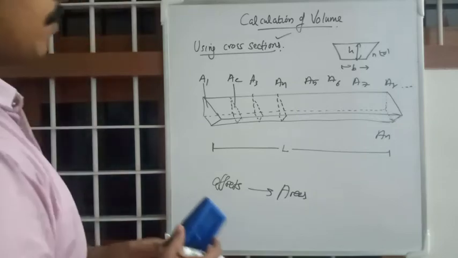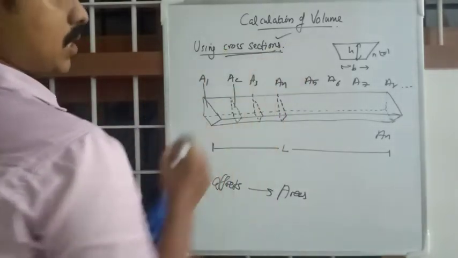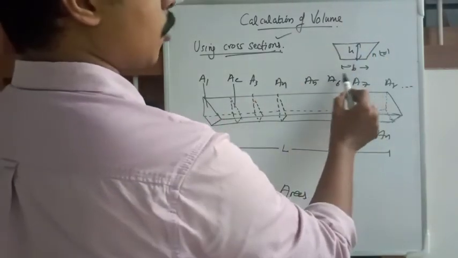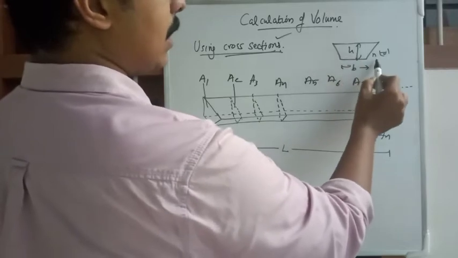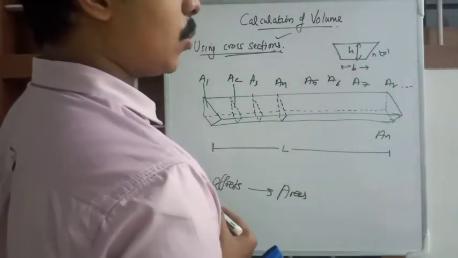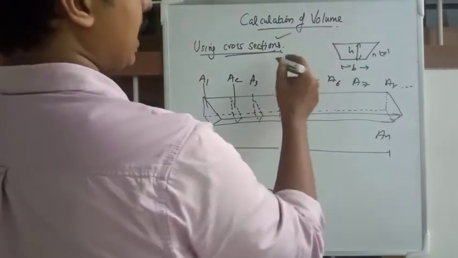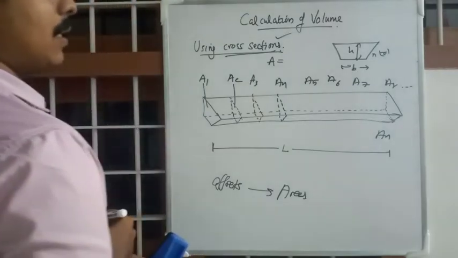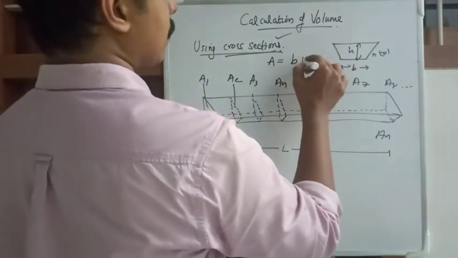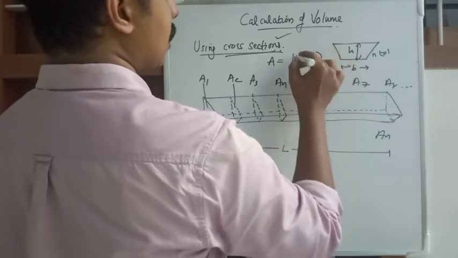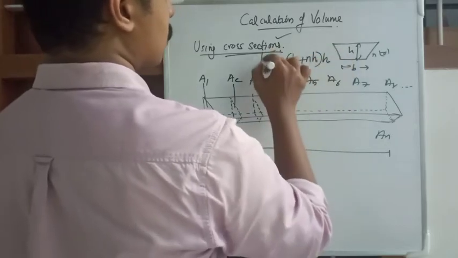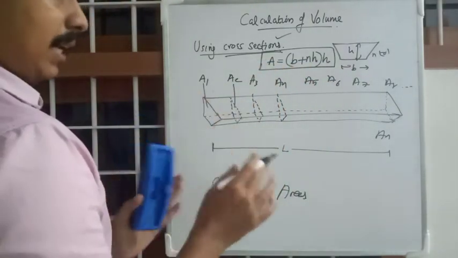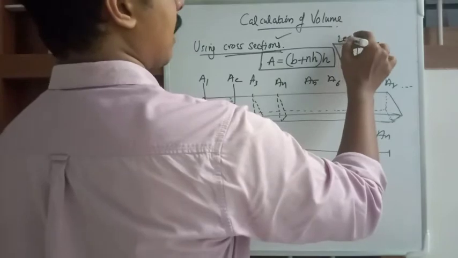So how to calculate the area of cross section? The cross section is just this. This is the formation width. This is the depth of cutting. Side slope is n to 1. So the equation for area is equal to (B plus NH) into H. That's how you calculate the cross sectional area of this level section.